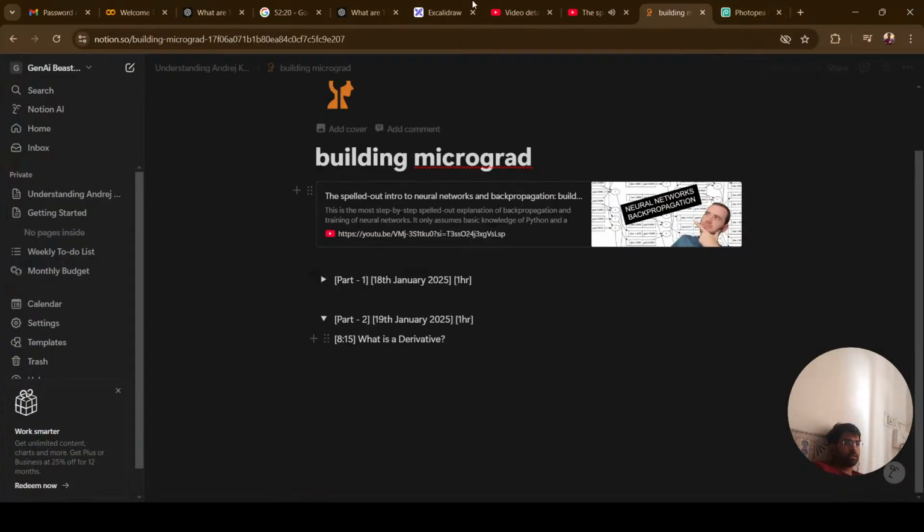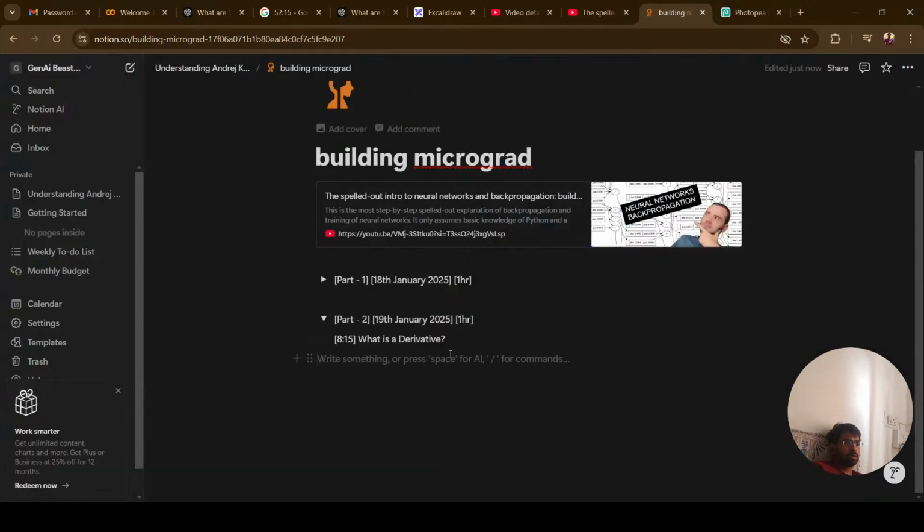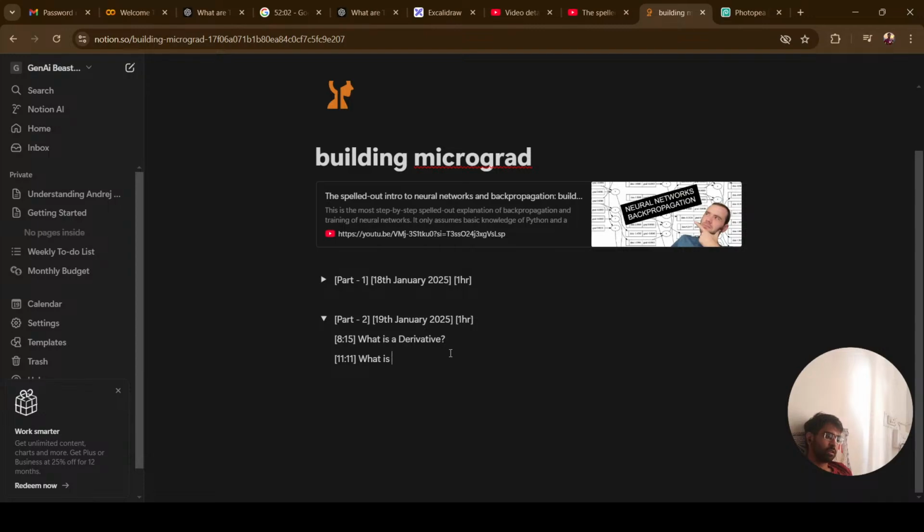What does it mean when we ask what is the slope of a function?